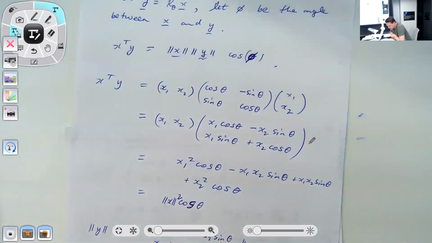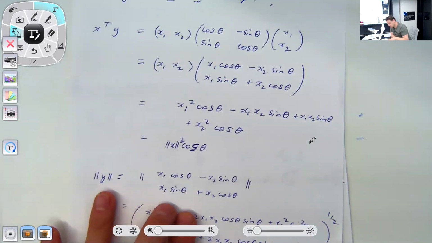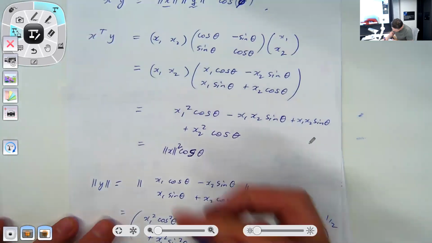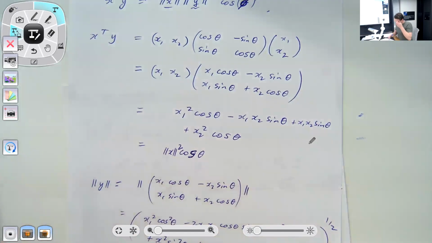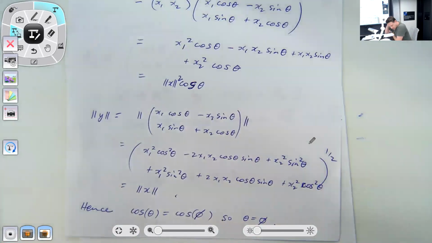Now we have to deal with the right-hand side of this expression and show that these two angles are the same. So next we take the norm of y. Here it is multiplied out, and we're taking the norm of that. It's a lengthy calculation, with a square root, but you simplify it and end up with the norm of x.